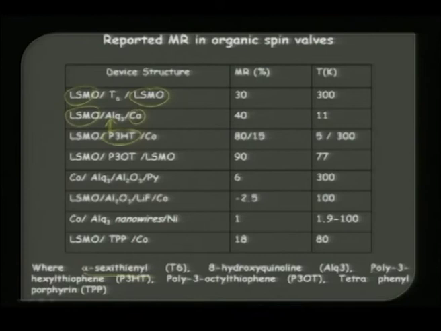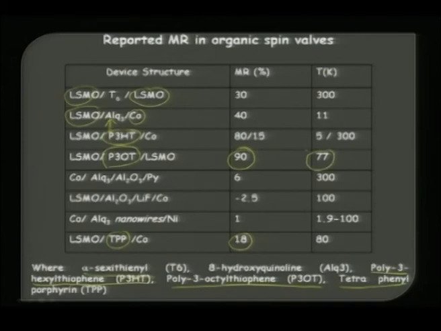P3HT is here, that is poly 3-hexylthiophene, or you can use P3OT, or you can also use phenyl porphyrin, where a ferromagnet and another ferromagnet are there. An MR ratio of the order of 18% can be achieved using porphyrin, and an MR ratio up to 90% can be achieved using P3OT, but at lower temperature.